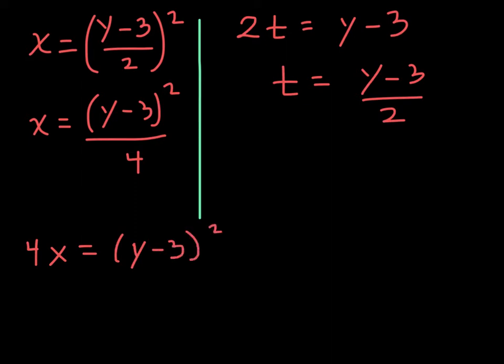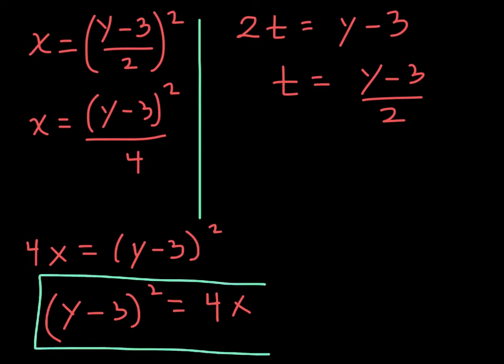That's the same thing as saying (y minus 3) squared is equal to 4x. That's good right there, but let me box that before I move forward. This is a rectangular equation for that parabola opening sideways.